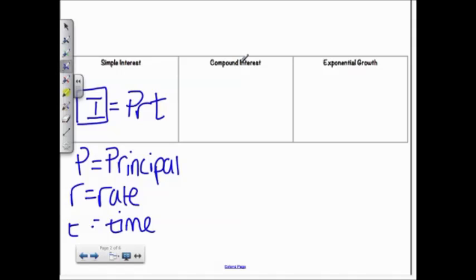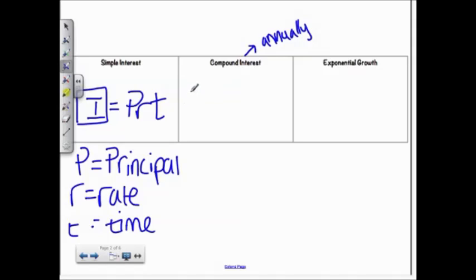Hopefully for compound interest, we can figure out what the formula is going to be. But here's the thing, this only works if it is compounded annually. Okay? There are other types of compounded formulas, but we're only going to look at what happens if it's compounded annually for right now. Later on, we'll go more in depth with that.